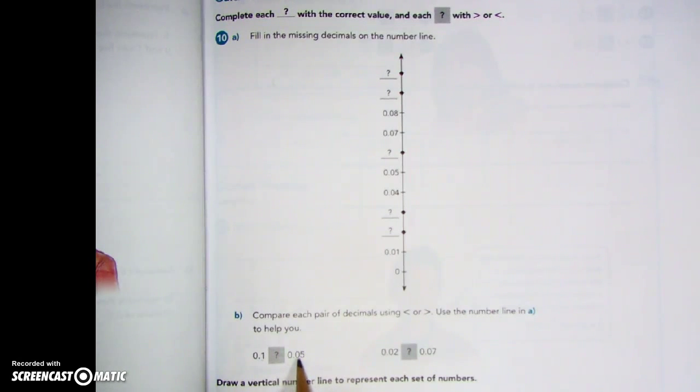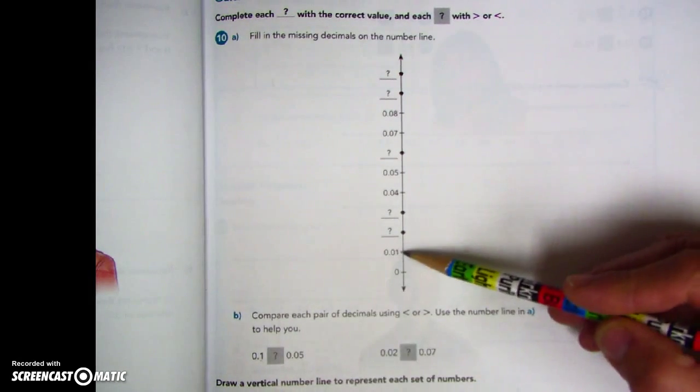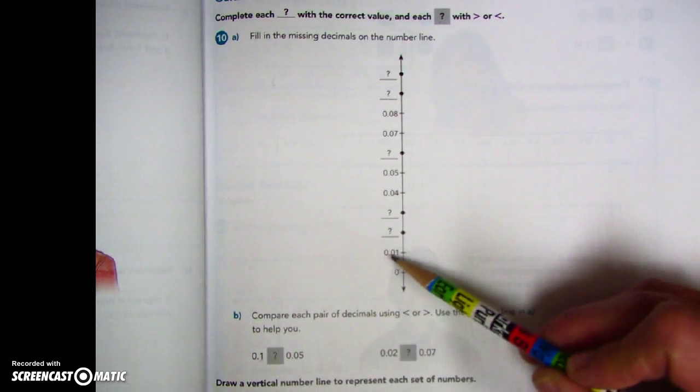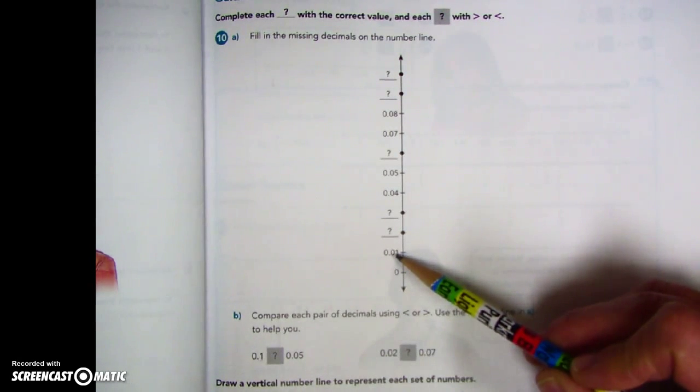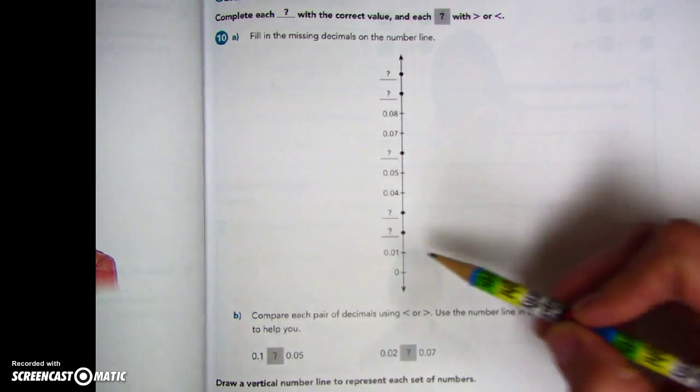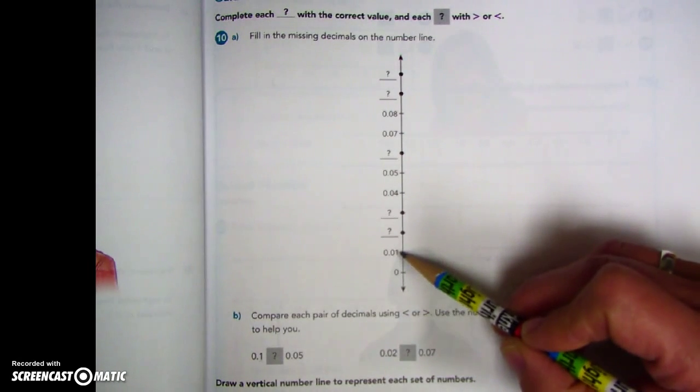So you can see that the 5 is in the hundredths, and over here the 1 is in the tenths. So that means if you look on here, don't get it mixed up with thinking that this 0.1 is the same as 0.01, because the 1 over here is in the hundredths place and over here it's in the tenths place. So please make sure you don't get those mixed up or you're going to get lots wrong.